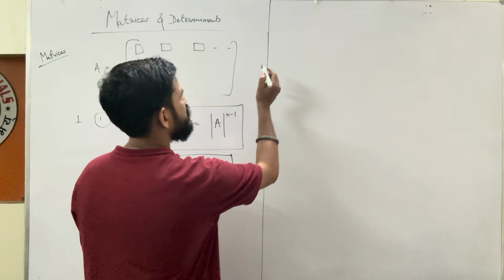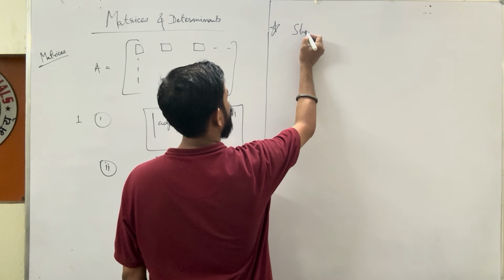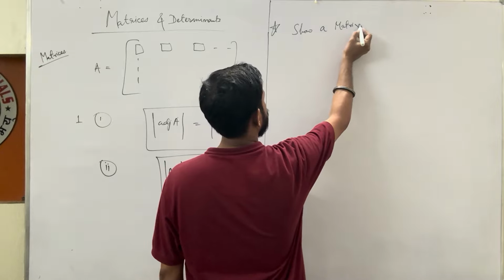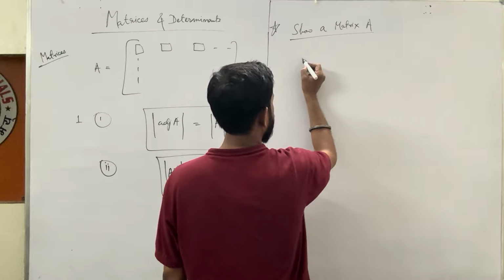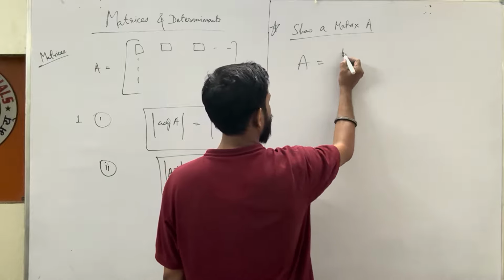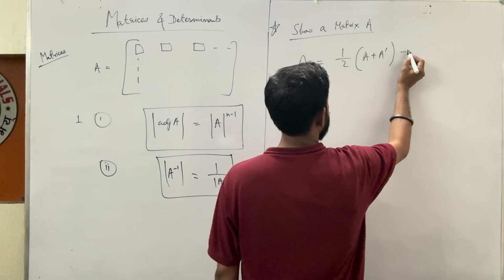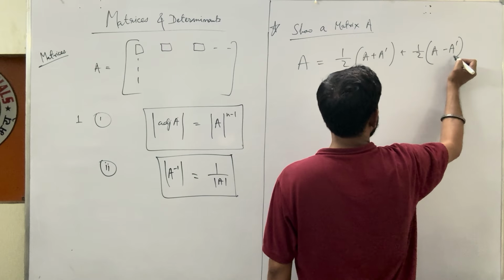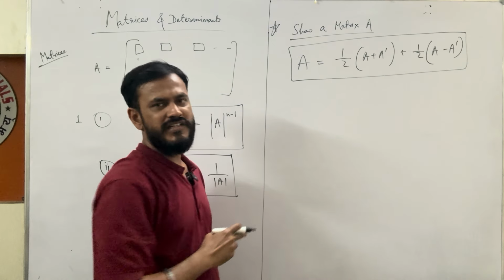The other type of question which can be asked is show a matrix A as sum of symmetric and skew symmetric. So A will be half of (A plus A transpose) plus half of (A minus A transpose) type. So in this type of question, a square matrix will be given to you.